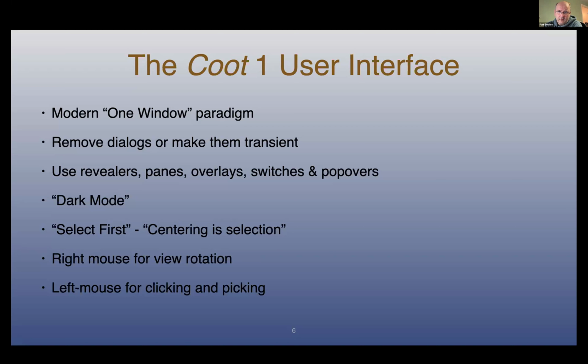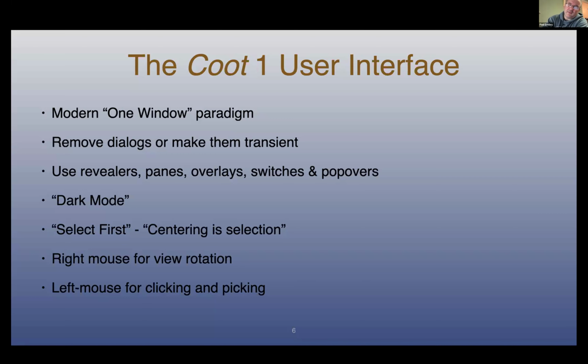And this is consistent with the way key bindings work. It used to be the case that you rotated the view and picked atoms with left mouse, and now right mouse takes over the view rotation functionality, which leaves left mouse for clicking and picking, and you don't get these two mixed up. Well, that's the plan.